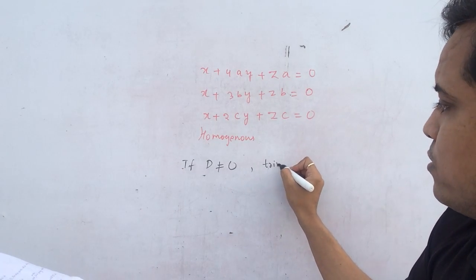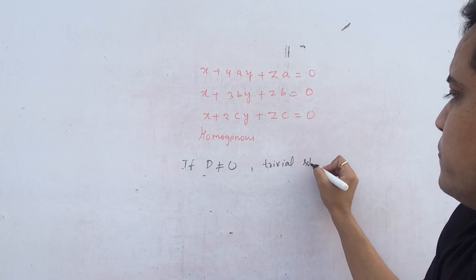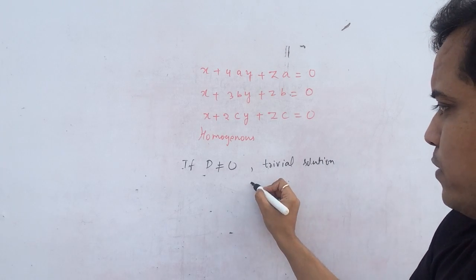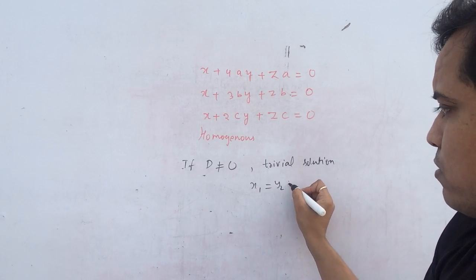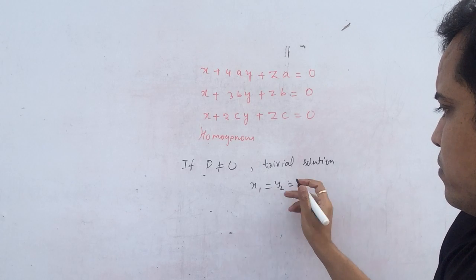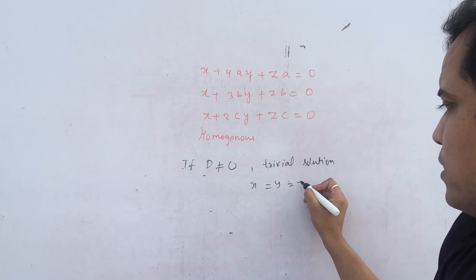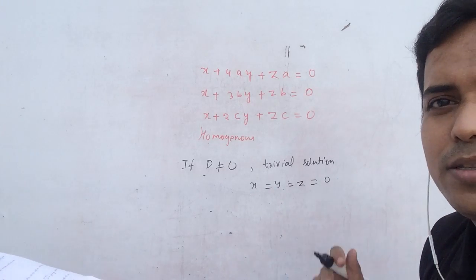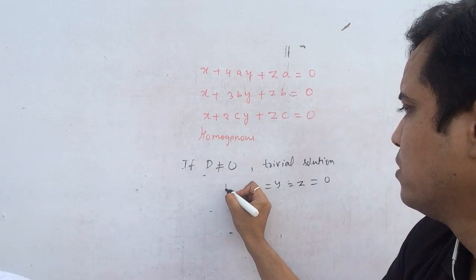Trivial solution means x equal to y equal to z equal to 0. Yes, this is the meaning of trivial solution.